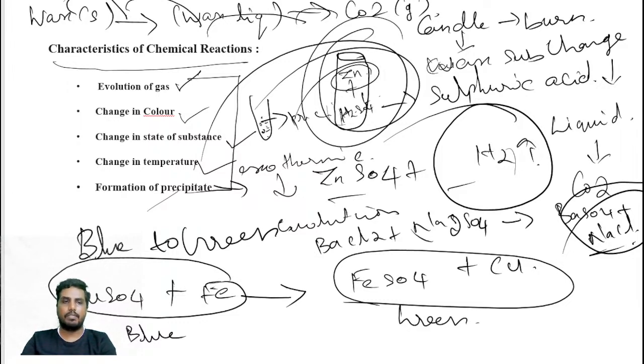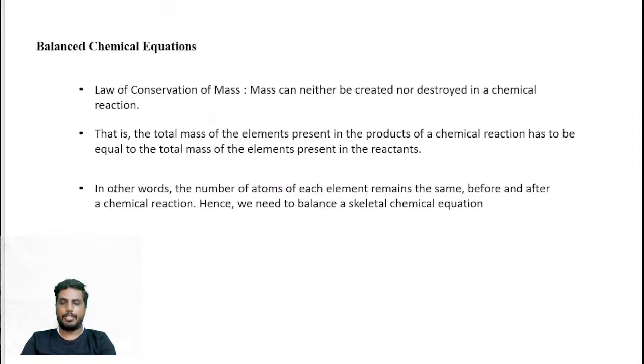So going on with the chemical equation. One is a balanced chemical equation. What does balanced mean? What does unbalanced mean?